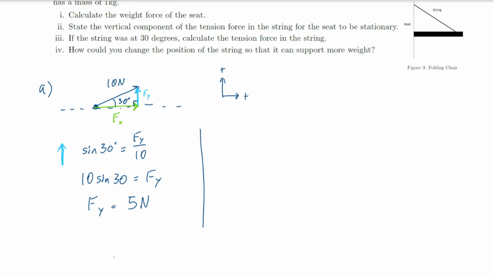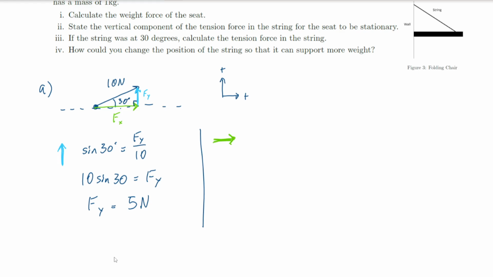Now in the horizontal direction, from the angle 30 degrees, we are looking for the adjacent, and we know the hypotenuse. We also did work out the opposite, but I recommend you don't use that, just in case you rounded your answer, then this answer will be a little bit off.